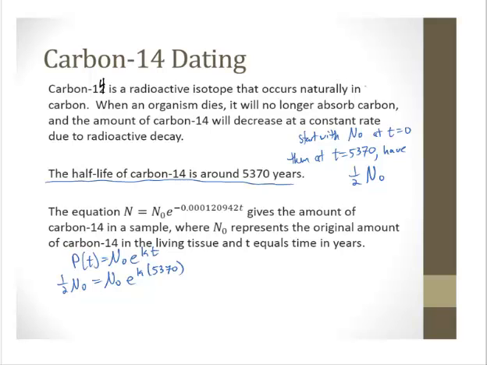Dividing through by the N naught, we have 1/2 equals e to the 5,370k. I just switched the order there in the exponent. We apply the natural log. So then the natural log of 1/2 is equal to 5,370k, and divide through by the 5,370.